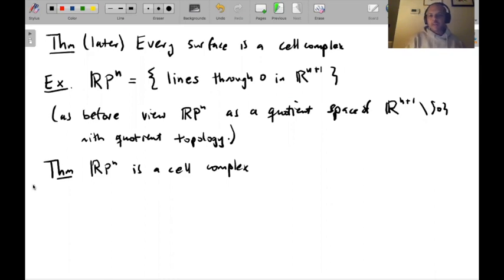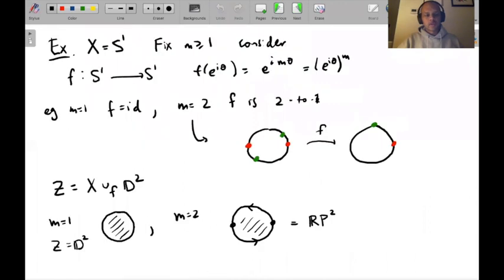Yeah, so I'd like to explain this concretely in the case n is equal to 3. So we already know this in the case n is equal to 2, because here's RP2.